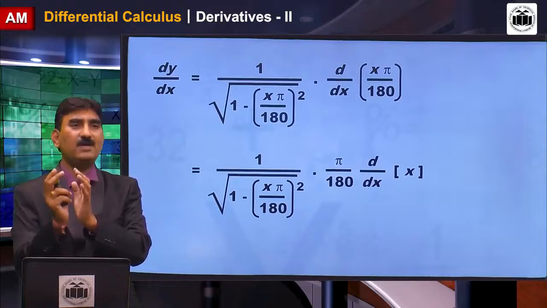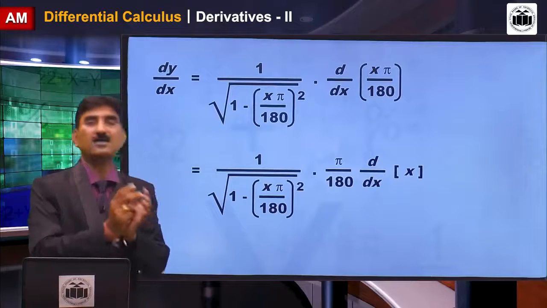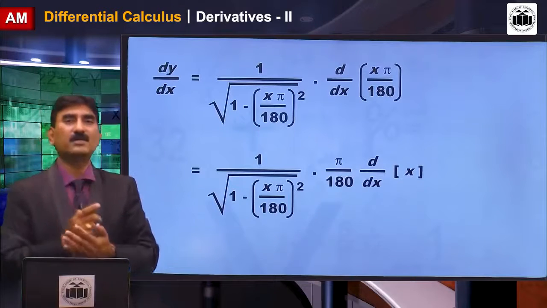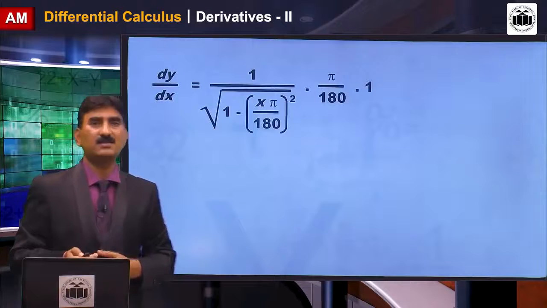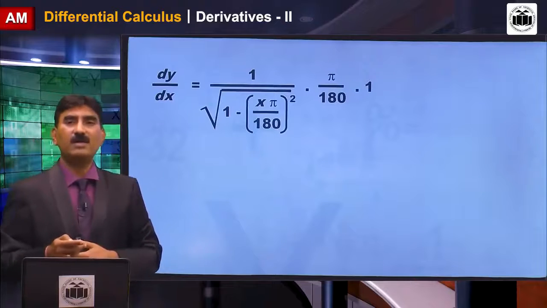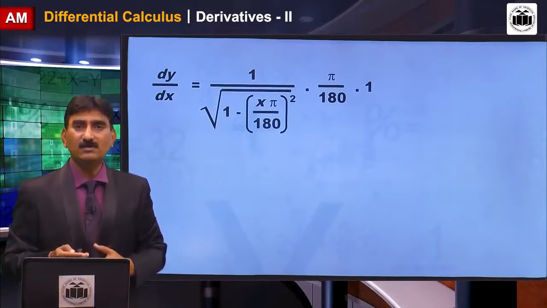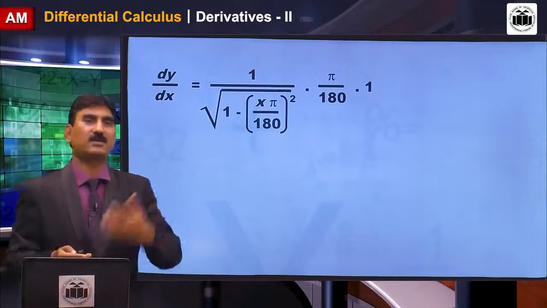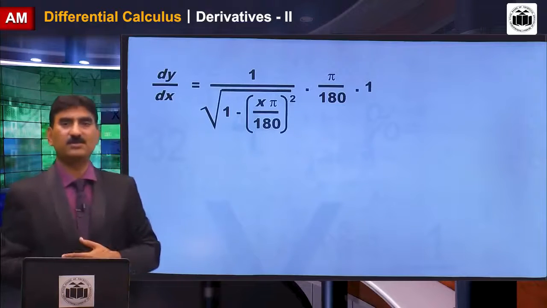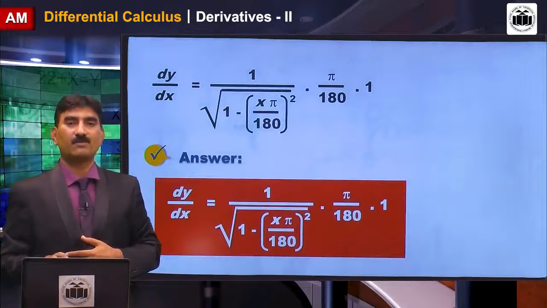So that's why pi upon 180 you take it outside and we take only the derivative of x. So the answer is 1 upon root of 1 minus x pi upon 180 whole square into pi upon 180. This is a very important example, asked so many times in the examination. So final answer.